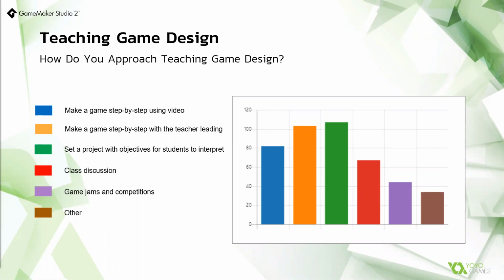There are three approaches that I'm going to cover in this presentation. The first is the blue one, making a game step by step using video. This is an approach that solely relies on video tutorials where users build and extend games from no knowledge using drag and drop, and then progress into making games using GML coding. This is more appropriate in home learning situations, certainly where we've got children following step by step.